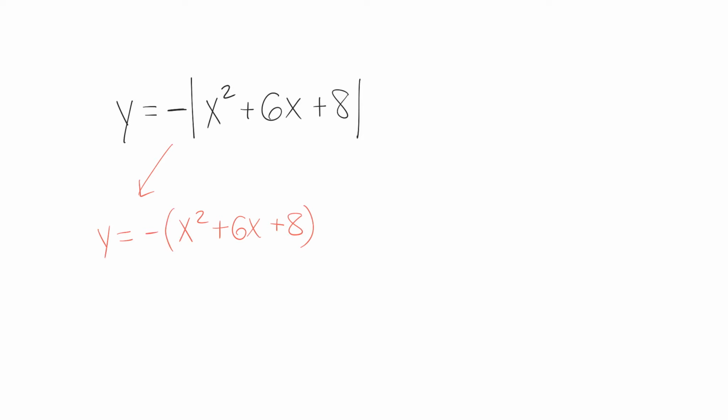How do I factor that? I would factor this to a negative times x plus 2 times x plus 4. So where are my x-intercepts in this? My x-intercepts are at negative 2 and negative 4.